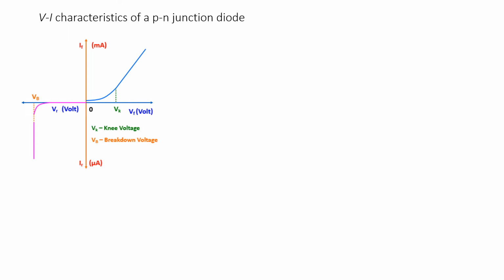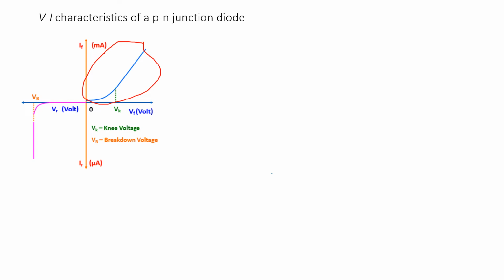As we had seen in the previous example, this is a forward bias condition wherein as we increase the forward voltage, the current increases after an initial knee voltage or a threshold voltage. So, as we increase the voltage, the current increases after the initial saturation, after the knee voltage.